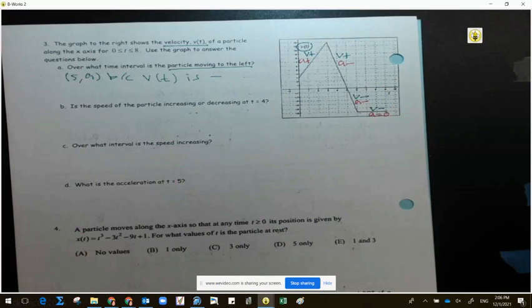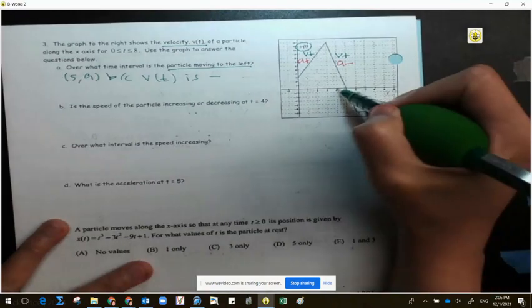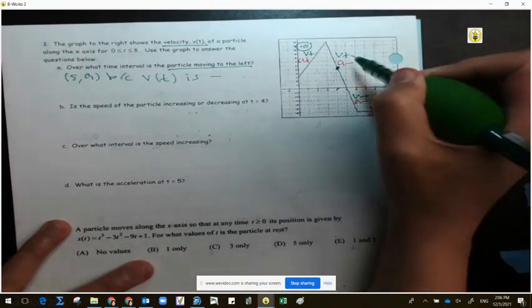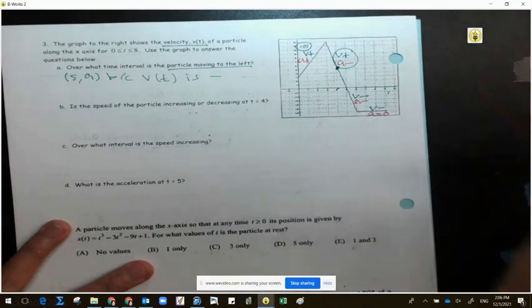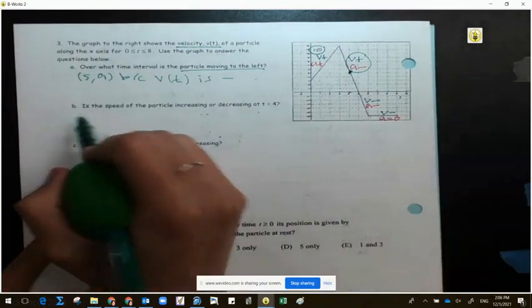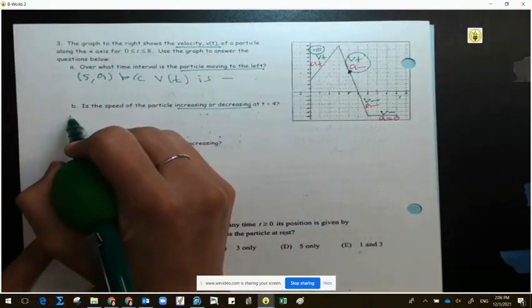All right. Let's see. Emily, let's read part B. So at t equals 4 is right here. And that happens to be when the velocity and the acceleration, they have what kind of sign? Opposite sign. So I could go ahead and say it is doing what?